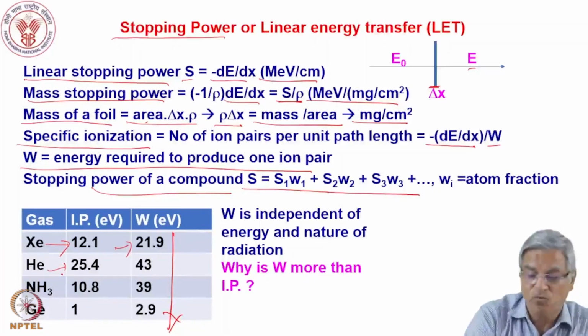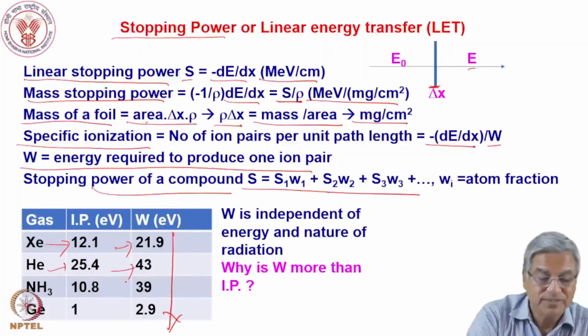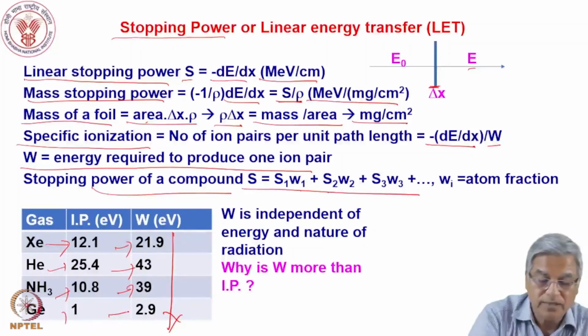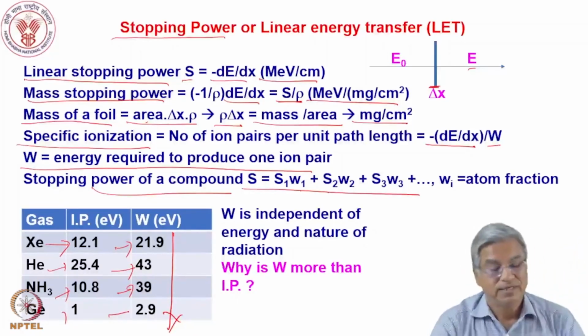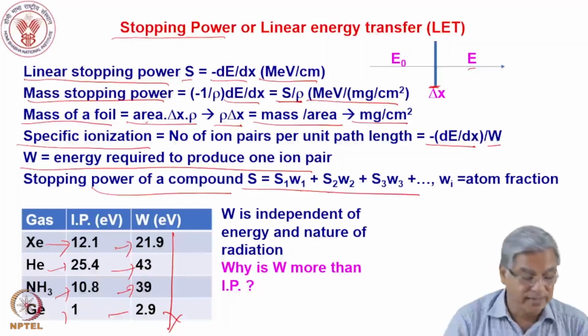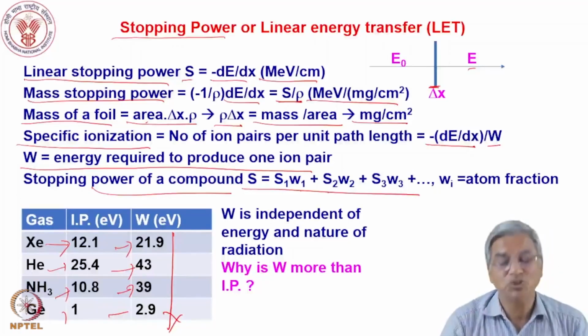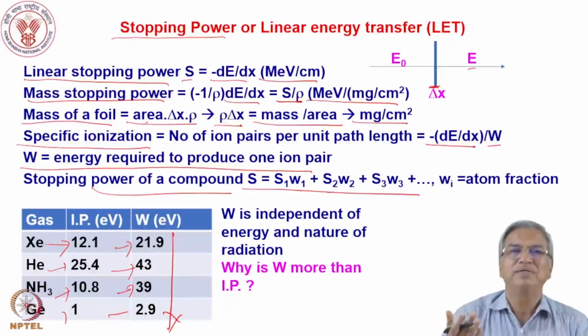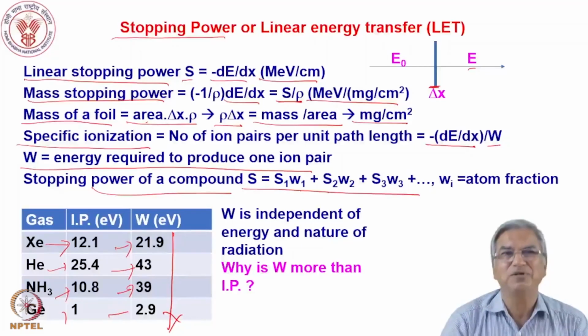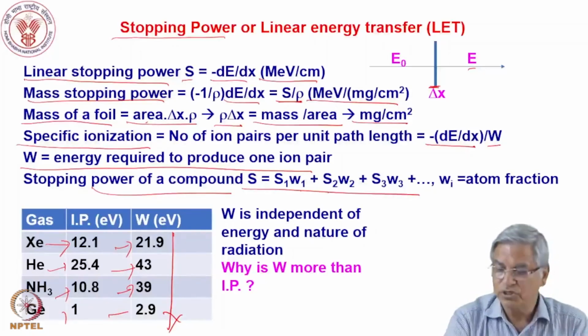Helium 25.4, actual value is 43. Ammonia 10.8, 39. Germanium 1, and actually 25. So you can see that W values are much higher than the ionization potential. Why is it so? Because every time the charged particle interacts, it may not lead to ionization, it can lead to excitation also. So that's why the average value of W is much higher than the ionization potential.